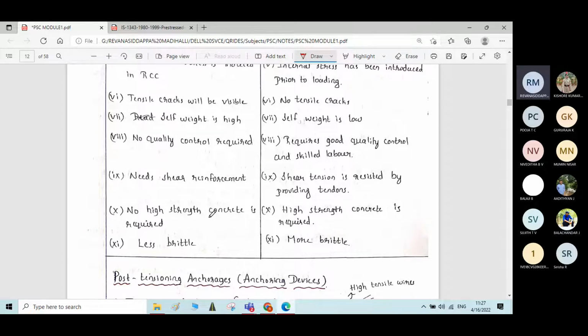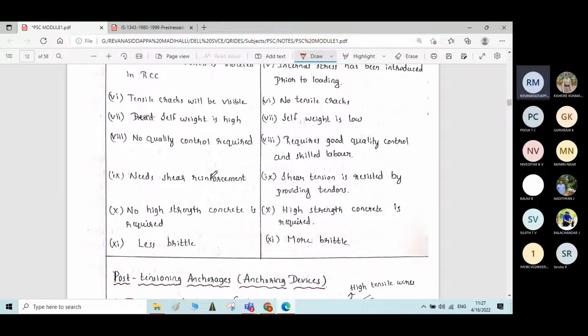RCC members need shear reinforcement, but in PSC the tendons themselves offer resistance for the shear force acting on the member.